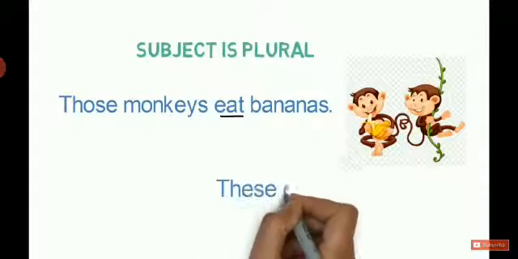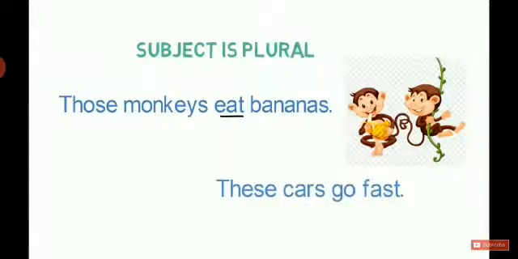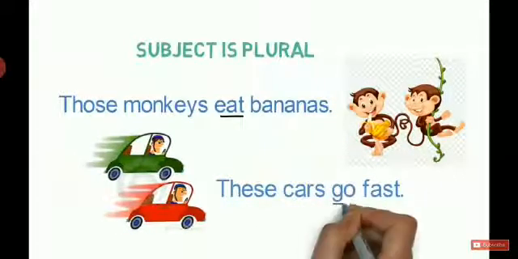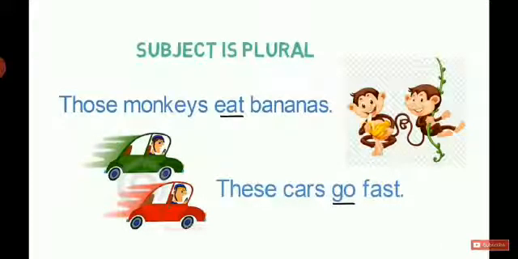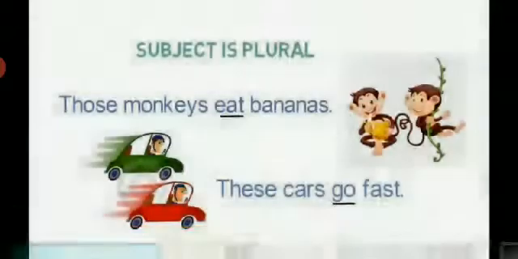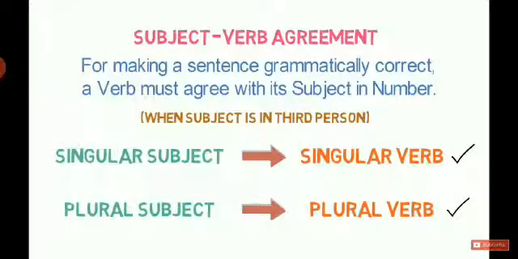These cars go fast. Here the subject is cars and the verb is also in the plural form, which is go. Understood? Now subject verb agreement is very clear. Singular subject, singular verb, plural subject, plural verb.